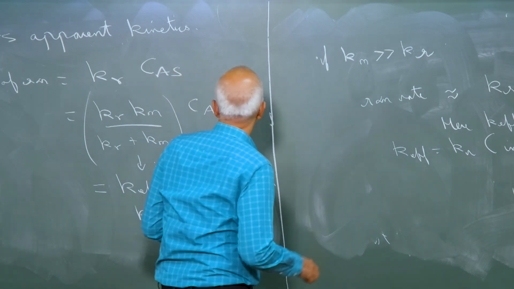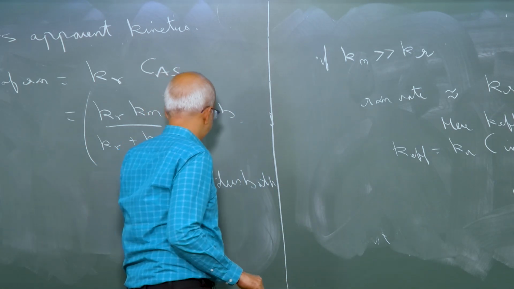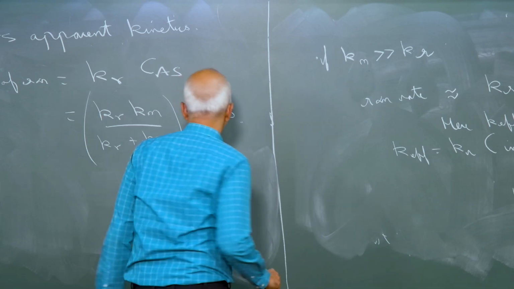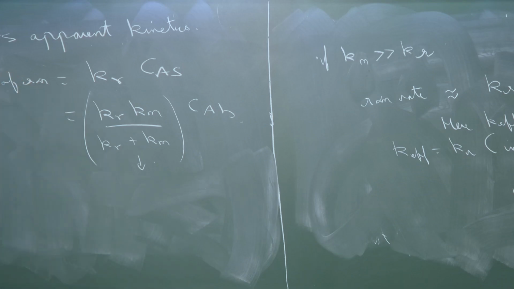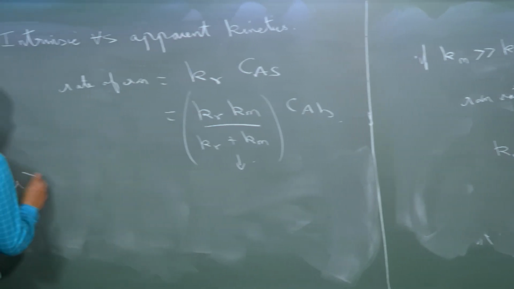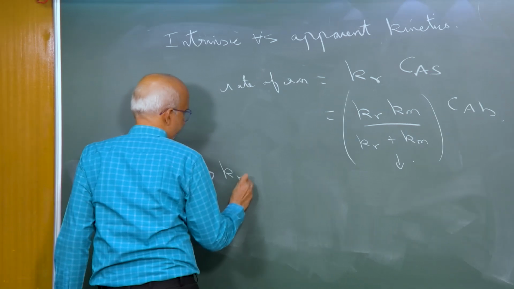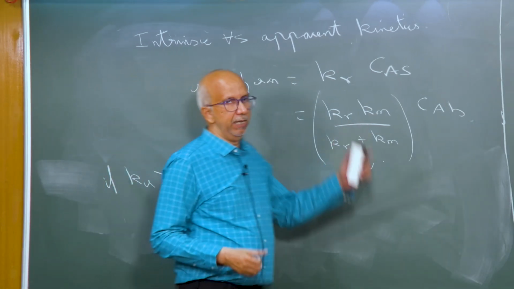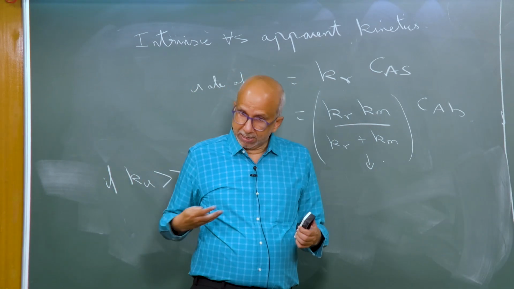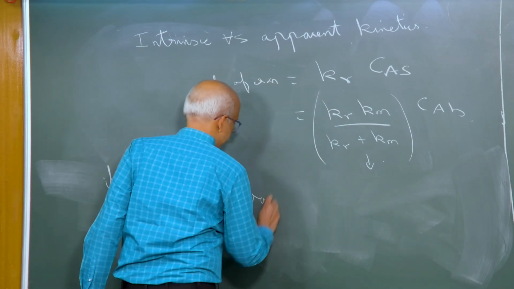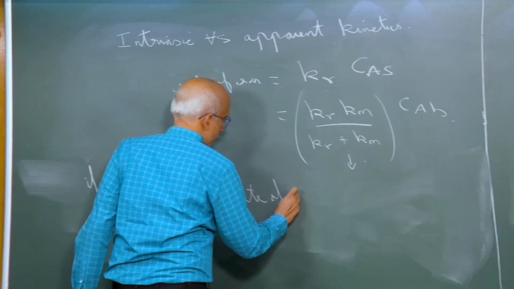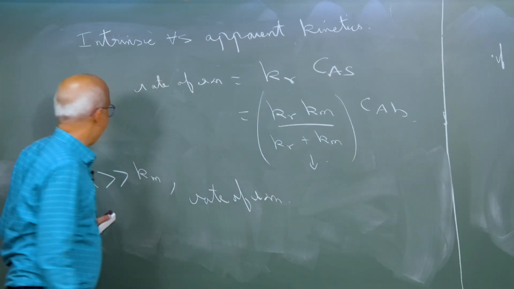But supposing you do the opposite case, which is if Kr is much more than Km, okay, the reaction is very fast, mass transfer is rate controlling. So, Kr is much more than Km.